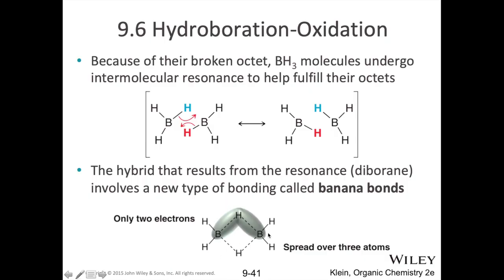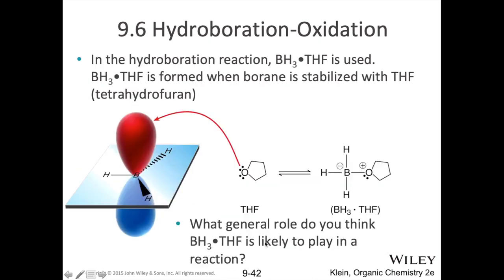Okay, because of the sort of bent shape there. So that's why for hydroboration you want to use THF as your solvent. The lone pairs on your oxygen donate into that empty p orbital, and they stabilize that BH3 and prevent it dimerizing.